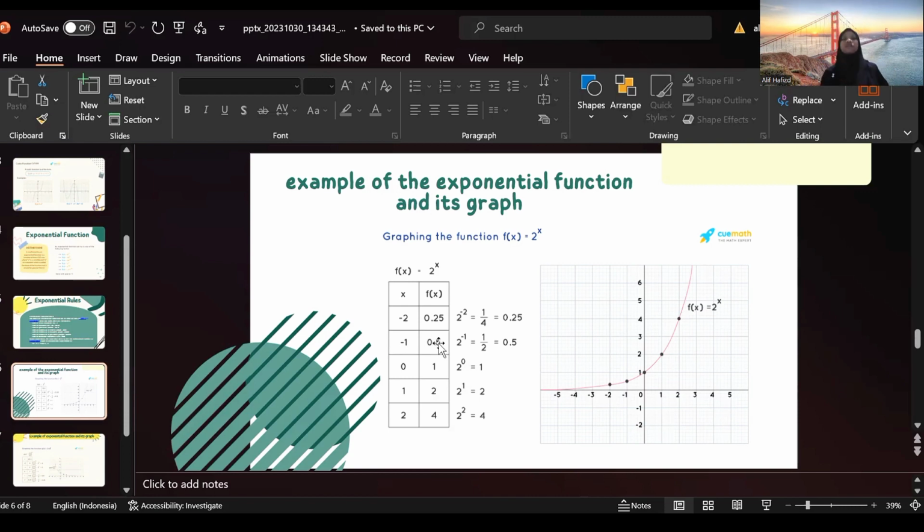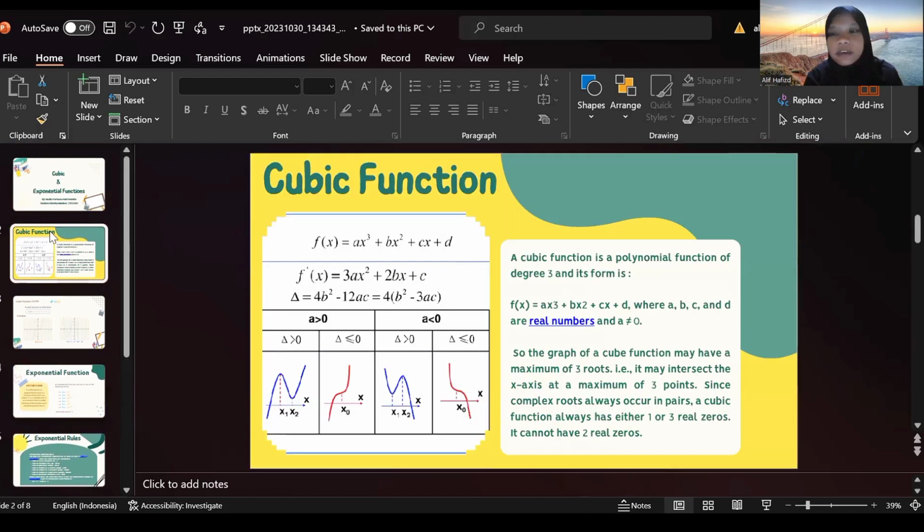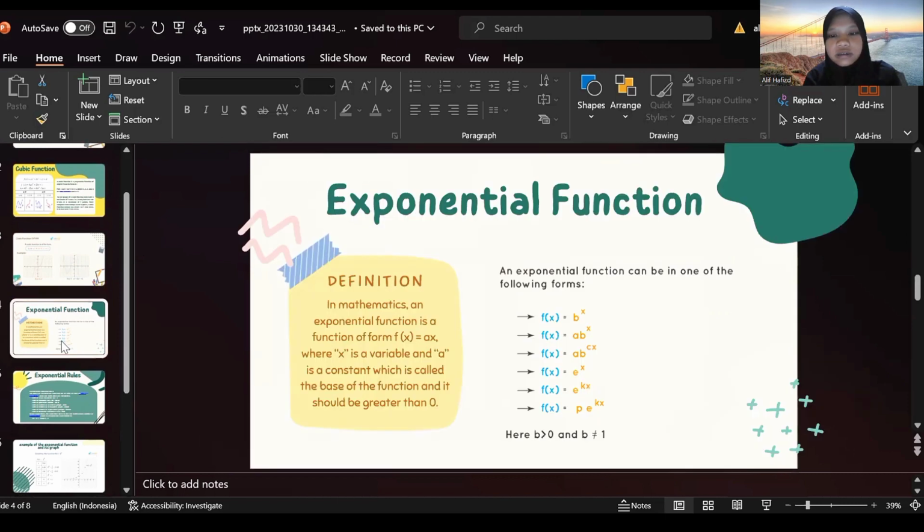We can understand this in a good way. Maybe I can explain it in more detail in Bahasa, but we have to do this in English.